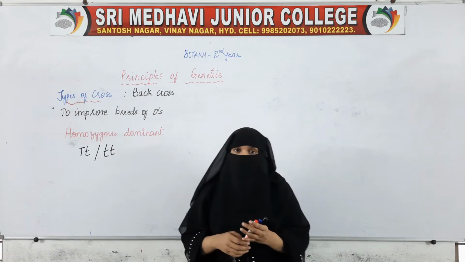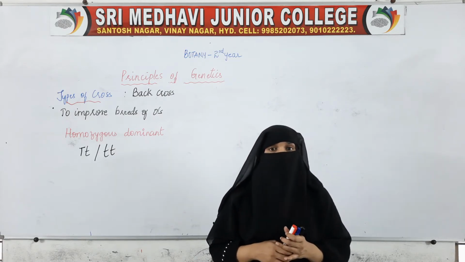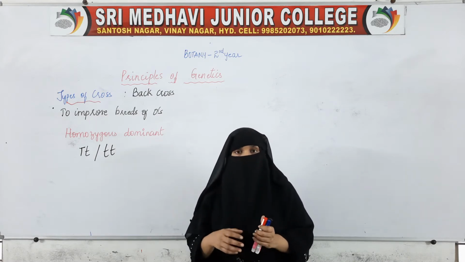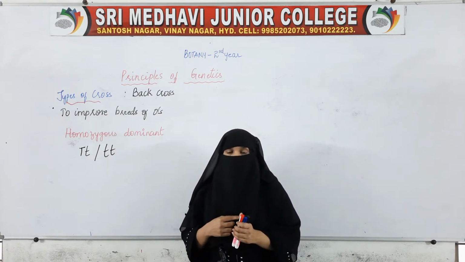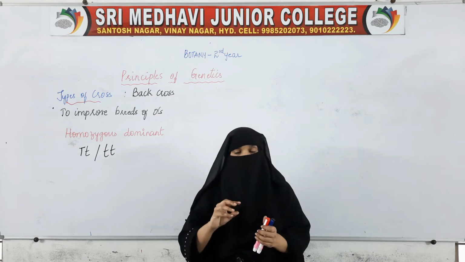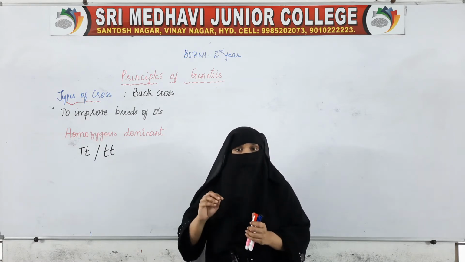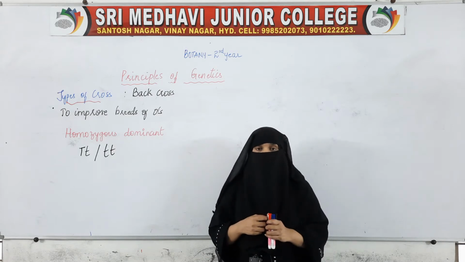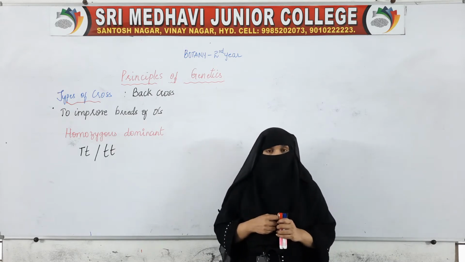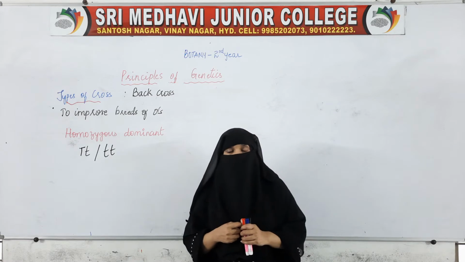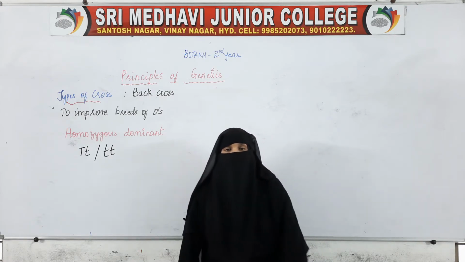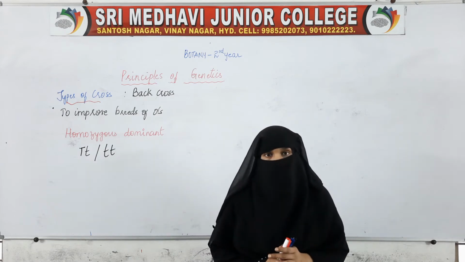Here test cross was done to know the genotype of the unknown. The ratio was given and with the help of that ratio we were identifying the genotype. For example, in monohybrid, if the ratio is 4:0, then the genotype will be homozygous dominant.